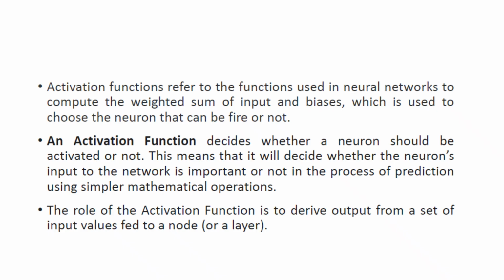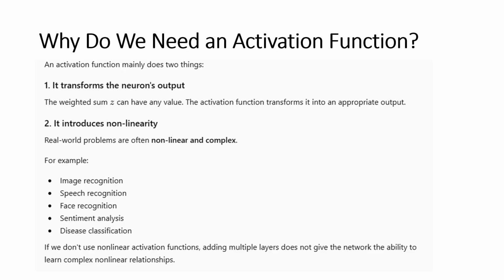The role of the activation function is to derive output from a set of input values that is fed to the node. So why do we actually need this activation function? It will transform the weighted sum into the desired value. If you want to predict a binary classification, consider we are going to classify an input mail as spam or non-spam.